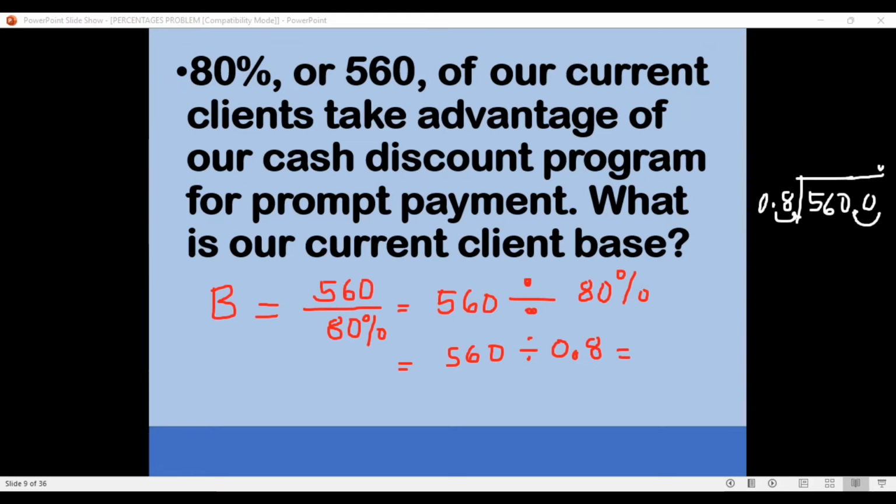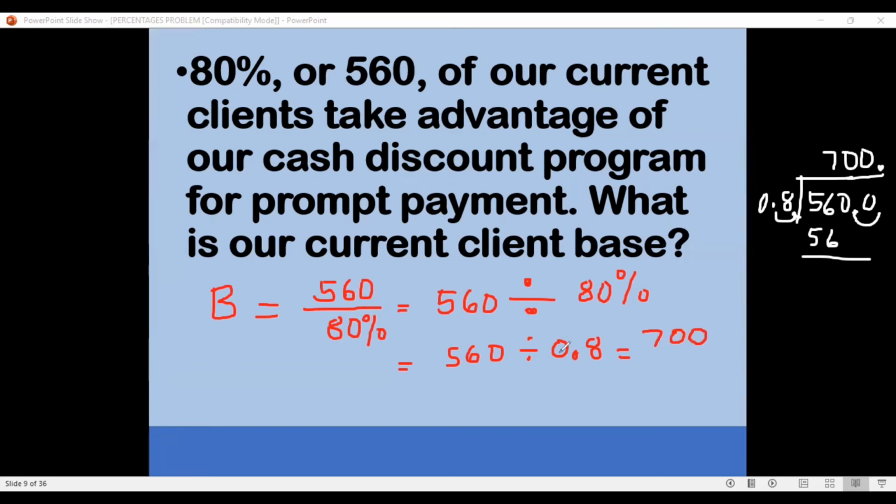Okay, and dividing 5,600 by 8, we have a 7 here. 7 times 8 is 56. And then there will just be 2 zeros at the end. So we will just write the 2 zeros, making it now equal to 700.